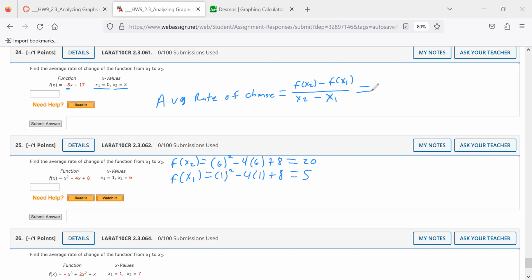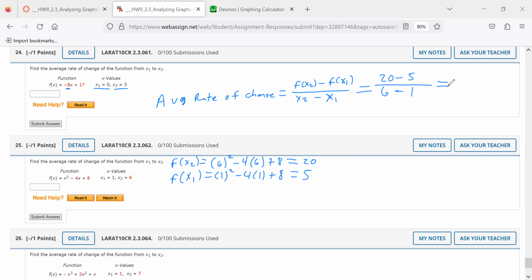So, 20 minus 5 is the outputs, so they're right here, right? Divided by 6 minus 1. Yeah, I guess so.